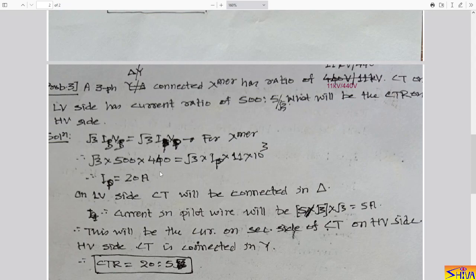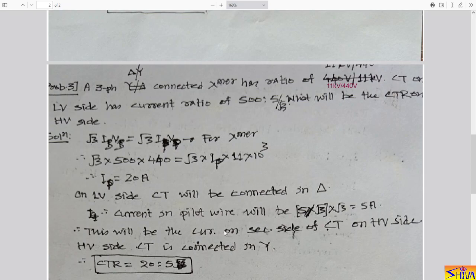That is, the current on the high voltage side of the transformer is 20 ampere. Now on the low voltage side of the transformer, the CT is connected in delta. So corresponding to 500 ampere current on the primary side of CT, the current in the secondary side is 5 by root 3, but this 5 by root 3 current is in the phase. So the line current, that is in the pilot wire, will be 5 by root 3 into root 3, that is 5 amperes.